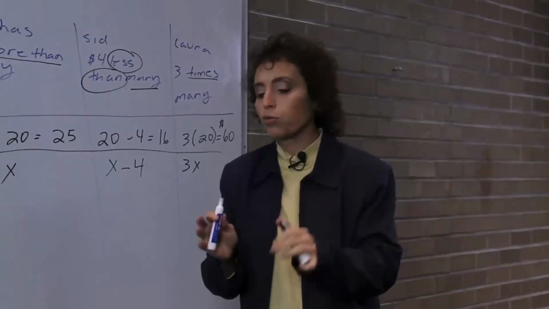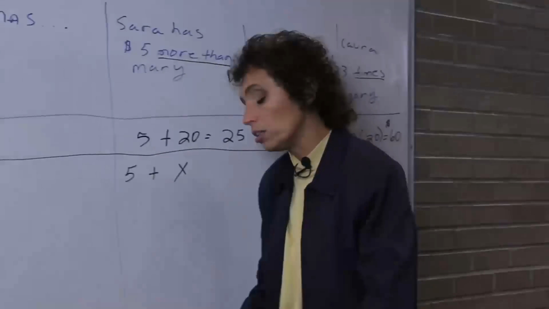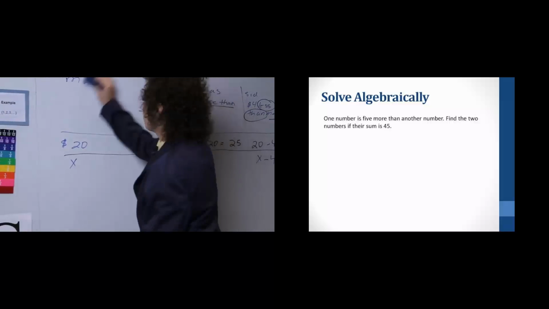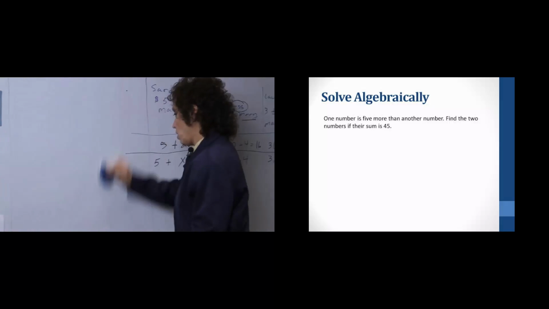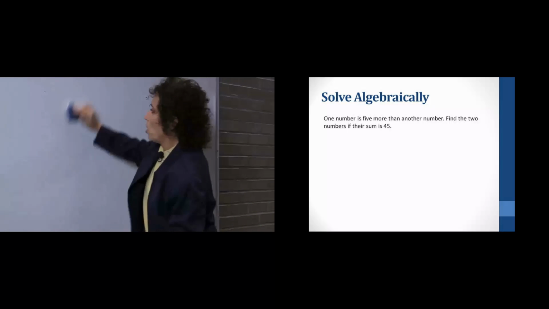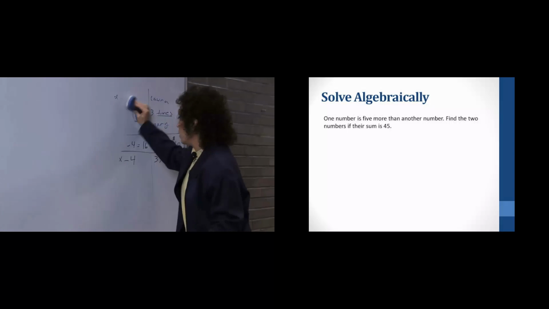Now let's finally do a real problem. And these are my favorite ones. Oh, just wait. These are cool. All right, here we go. Okay. It says, one number is 5 more than another number.